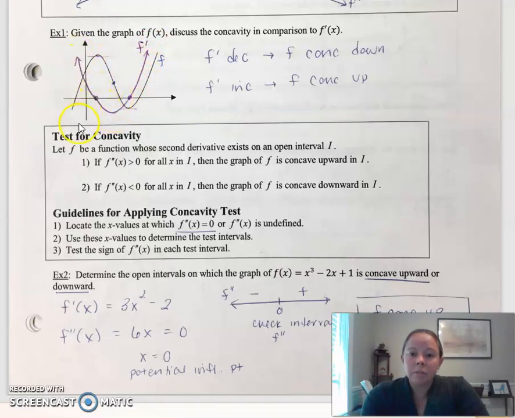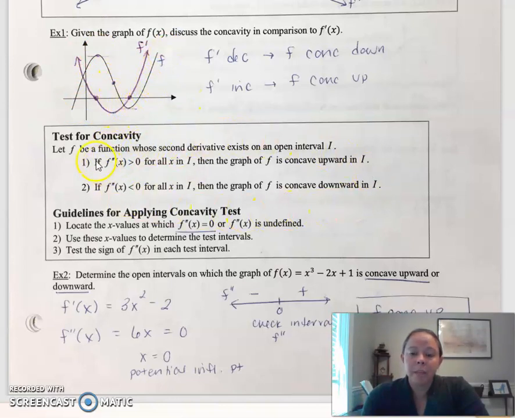All our slopes are negative, so we'd be down here, and then all of our slopes are positive, so we'd be up. So can you kind of imagine that the double derivative would be a line, roughly? And notice where the double derivative is negative lines up with where the function is concave down. Where the double derivative would be positive is where the original function is concave up.